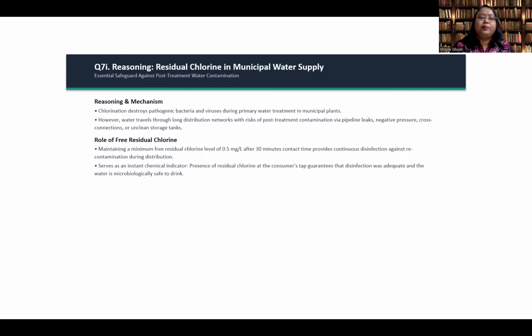It destroys the pathogenic bacteria and viruses during primary water treatment in municipal plants, and the water travels through long distribution systems, therefore giving rise to negative pressure, cross connections, or unclean storage tanks. Role of free residual chlorine: it serves as an instant chemical indicator, and it maintains a minimum free residual chlorine level of 0.5 milligram per liter after 30 minutes.